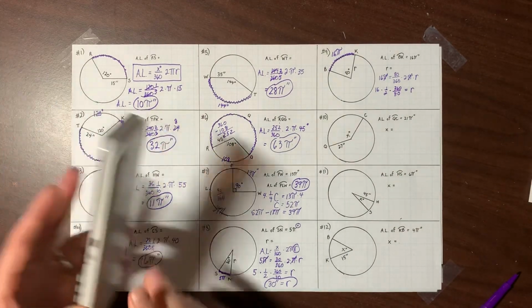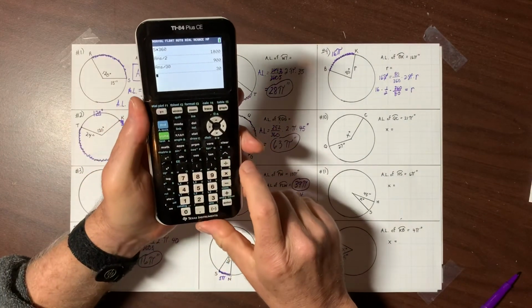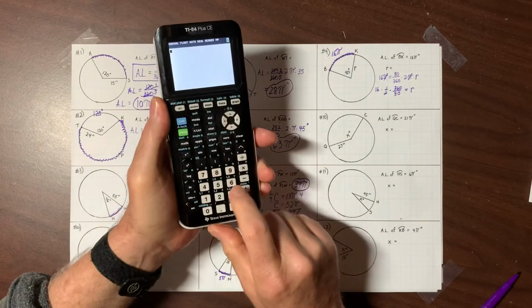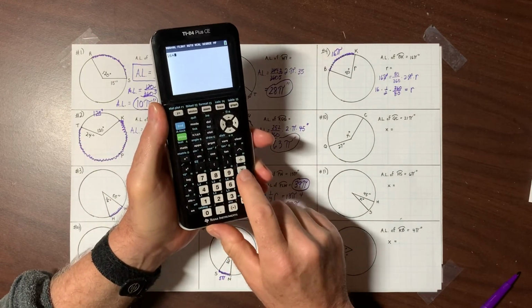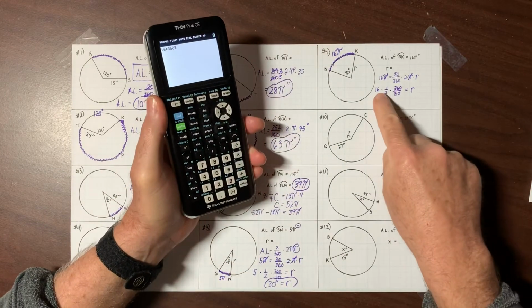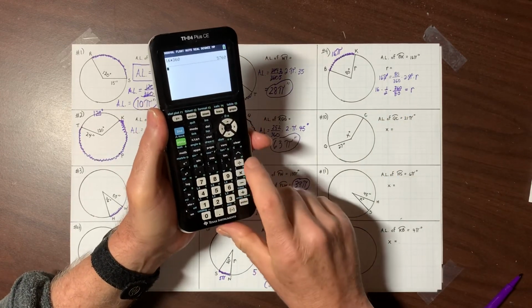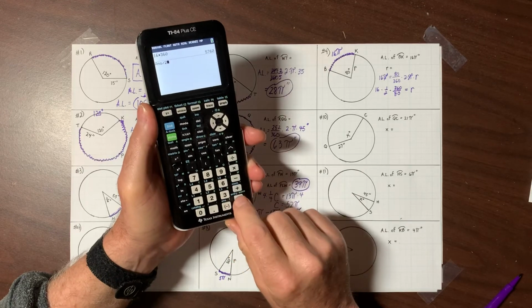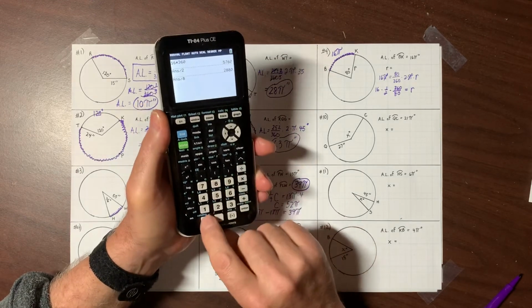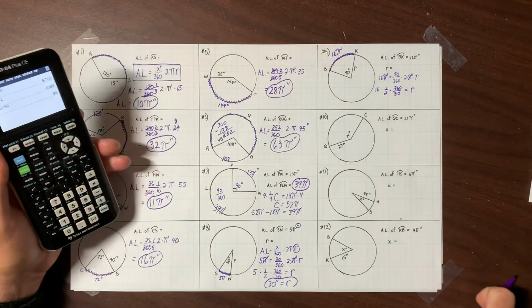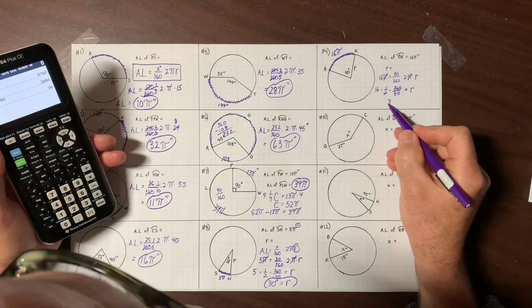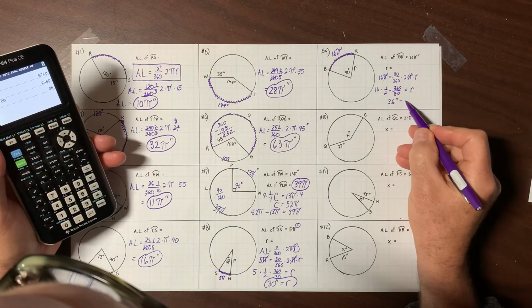Picking up my calculator, I'm going to verbalize my steps here. I would do 16 times 360. Those are the two values in the numerator. I'm going to go ahead and hit enter. I'm going to go divided by 2, enter, divided by 80, enter. And I'm coming up with a value of r of 36 inches.